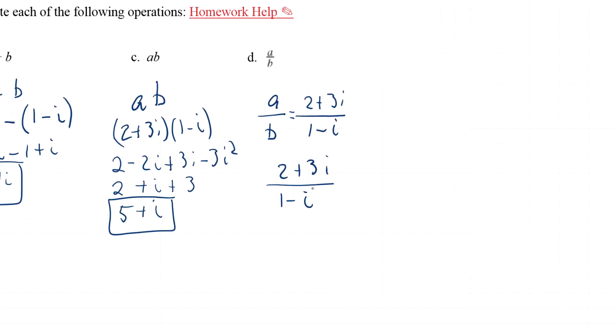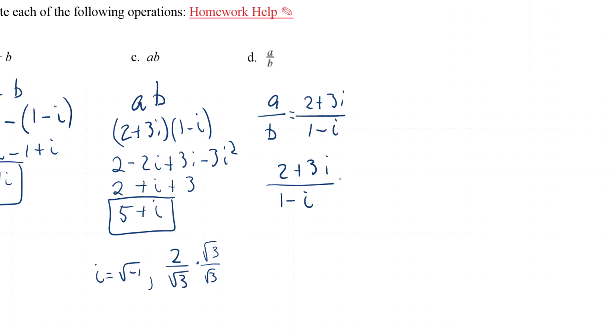And we have to kind of think about what i is. Remember that i equals the square root of negative 1. And remember, if we have, say, 2 over the square root of 3, we can't have the square root of 3 in the denominator. We always rationalize it, right? We multiply by root 3 over root 3 to rationalize it. Well, with i, what we do is we multiply by conjugates.